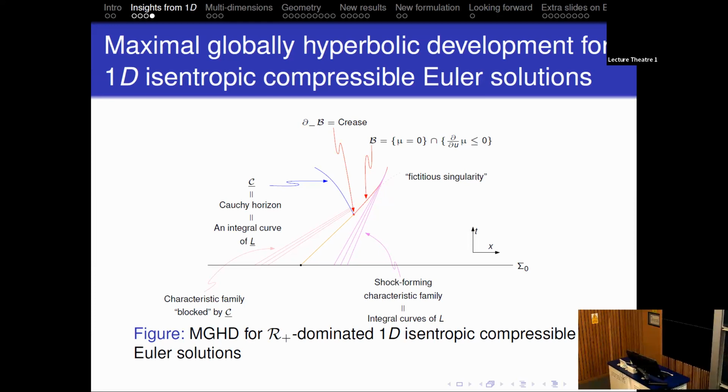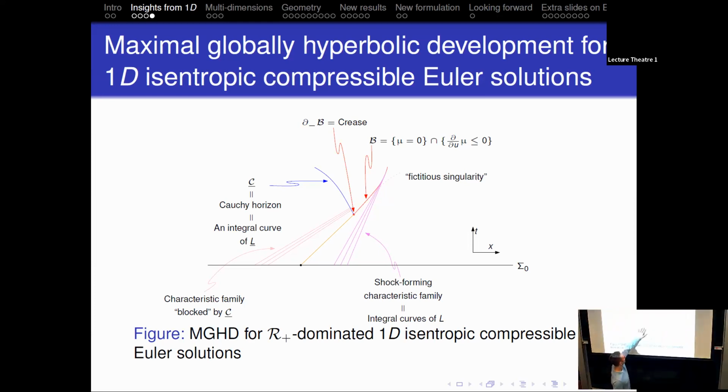What we see on this red curve, B, which I will call the singular boundary, is the collapse of the characteristics corresponding to the L direction. These characteristics, which are these purplish lines in this picture, pile up along the singular boundary in a very interesting fashion.